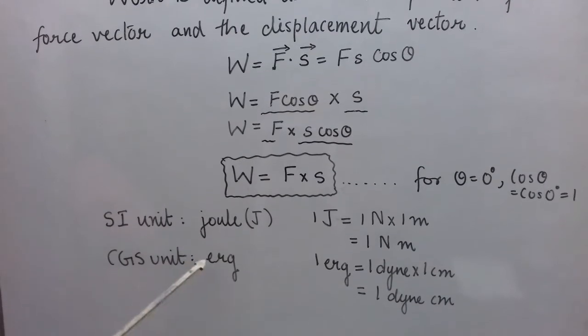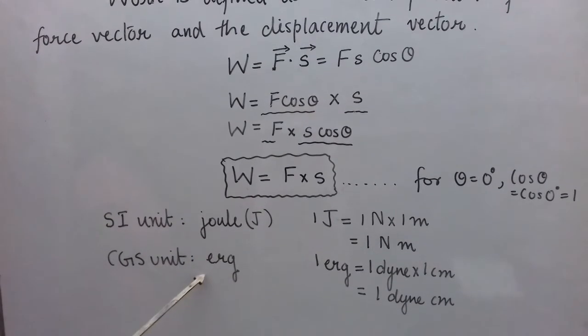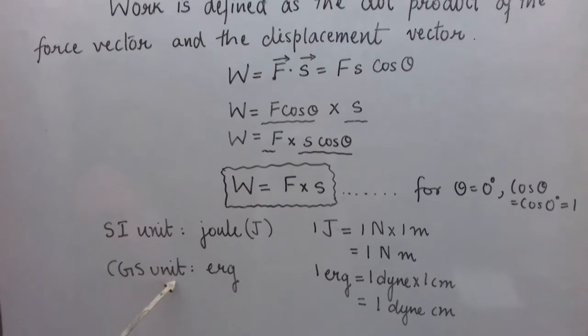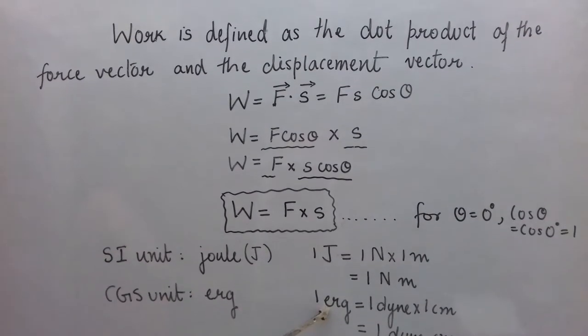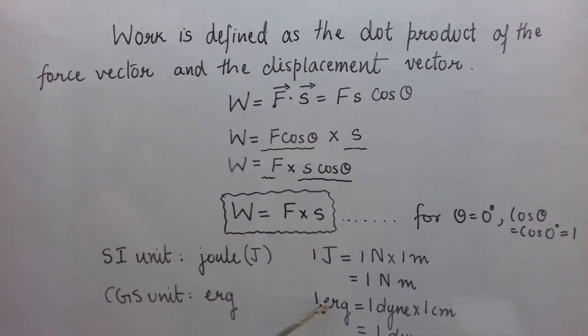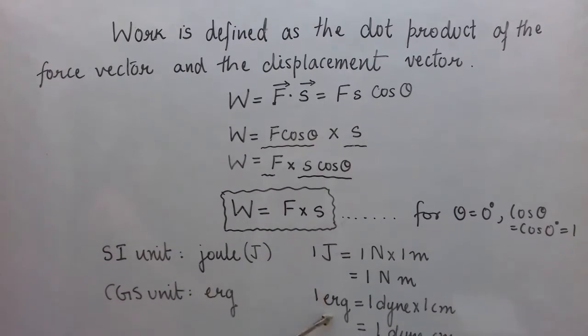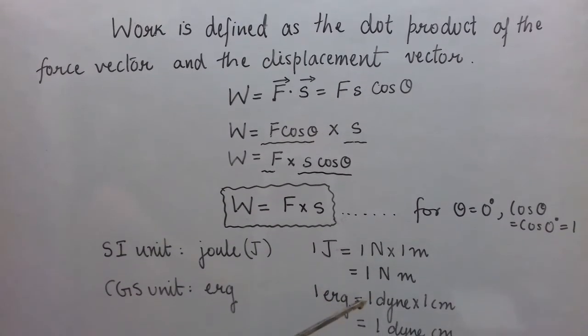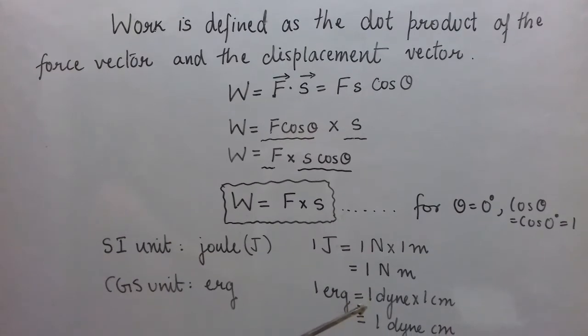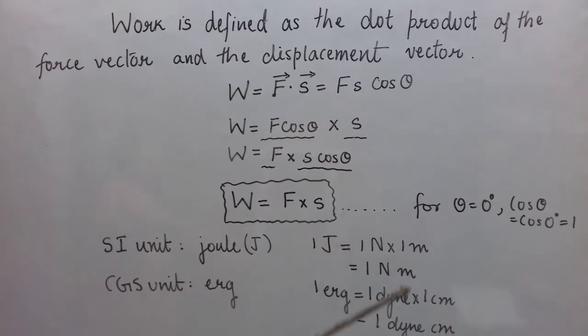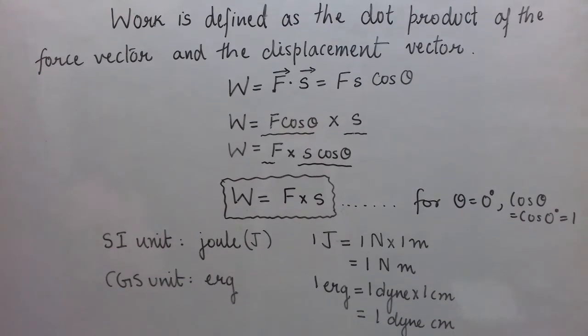How will you define this unit? How will you define 1 erg? Work done is said to be 1 erg when 1 dyne of force acting on a body displaces it by 1 centimeter in the direction of force applied.